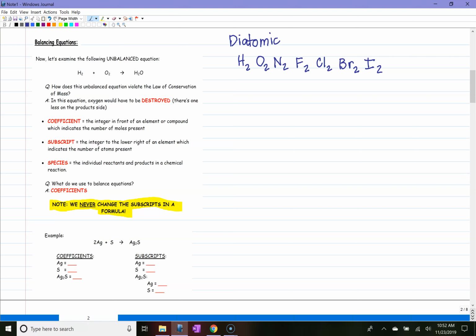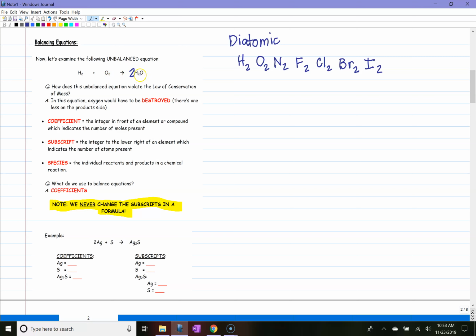So if we wrote this equation, oxygen is destroyed in the process, and the law of conservation of mass tells us that in chemical reactions, mass or matter cannot be destroyed or created. And so the way we would do this is we would look at our equation, and I'm going to have to get 2 oxygens on the product side. So I would put a coefficient of 2 in front of H2O.